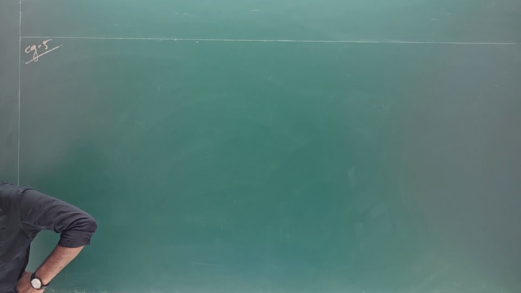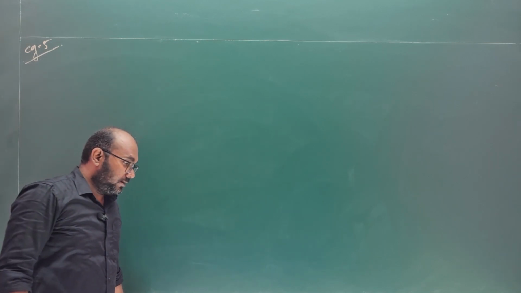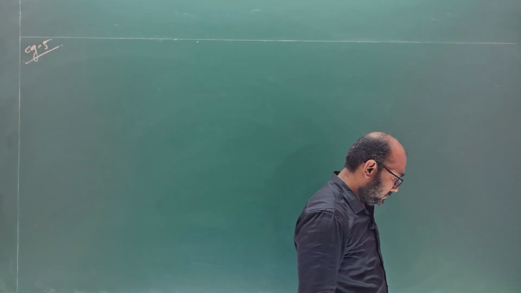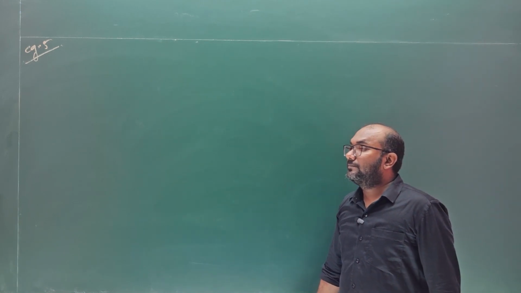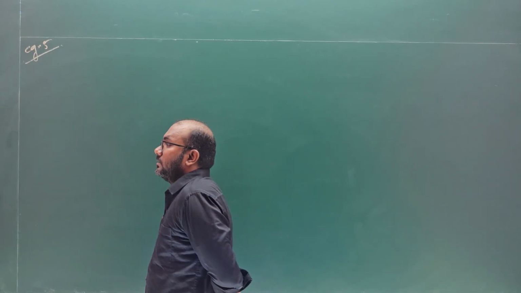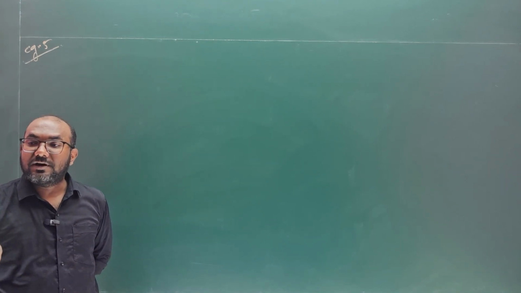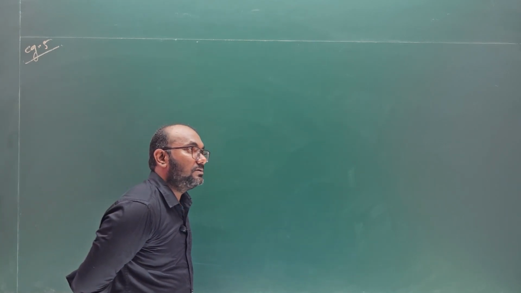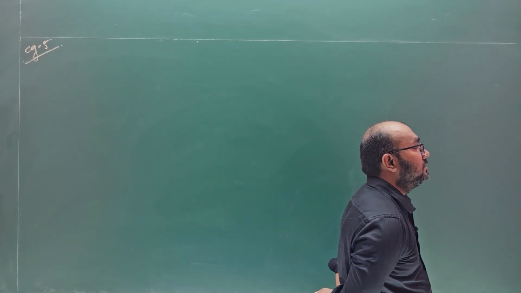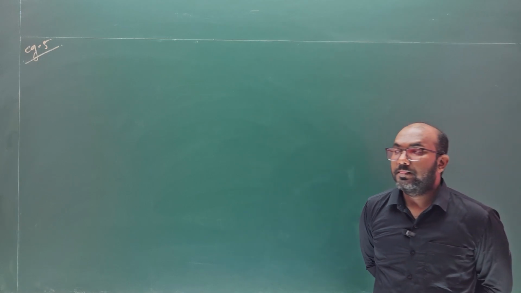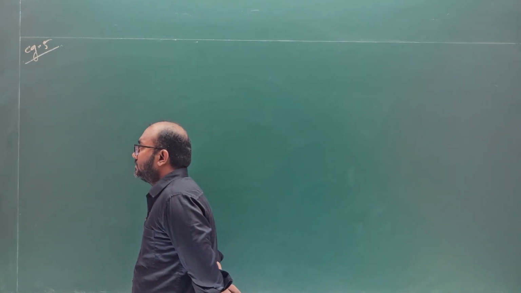The body describes 40 meters and 65 meters, each in 5 seconds. Full stop. Find its initial velocity.